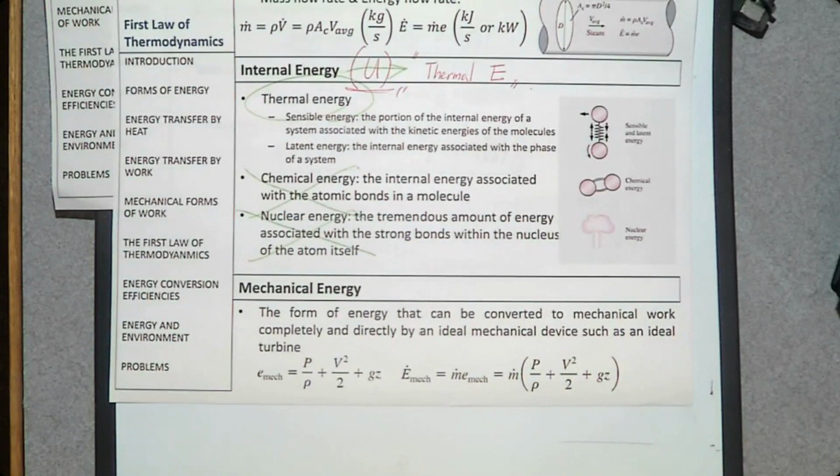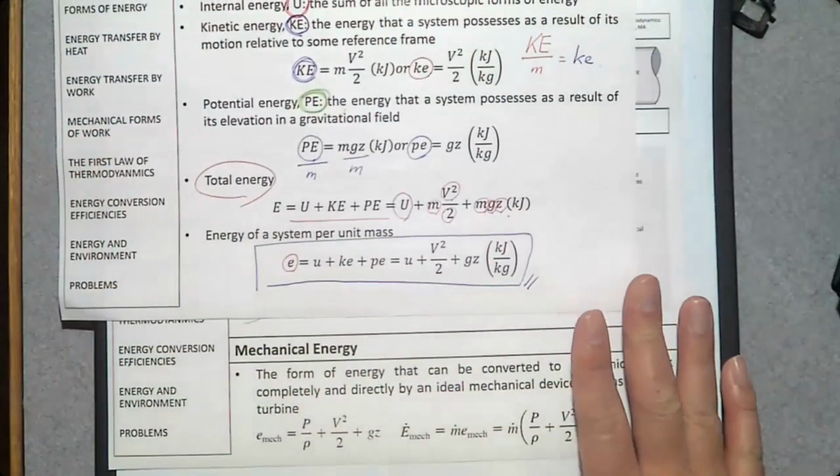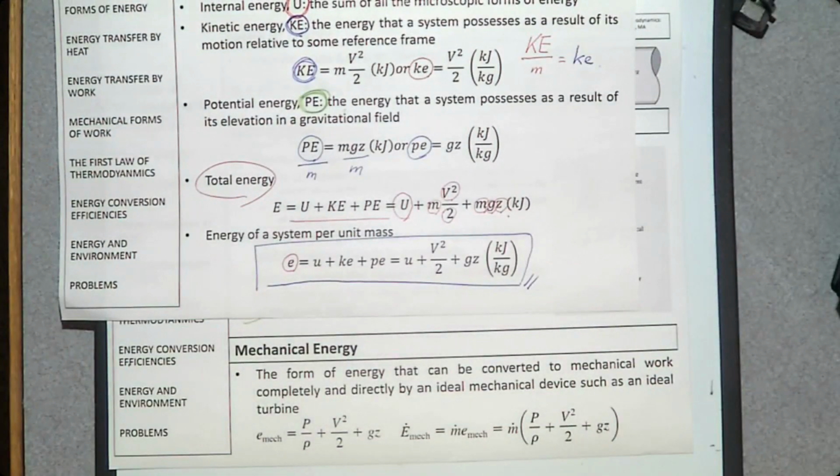They are mechanical energy. When we say mechanical energy, there are 3 mechanical energy. Some people get confused here. When we talk about the total energy of a system, there are 2 mechanical energy: kinetic energy and potential energy.